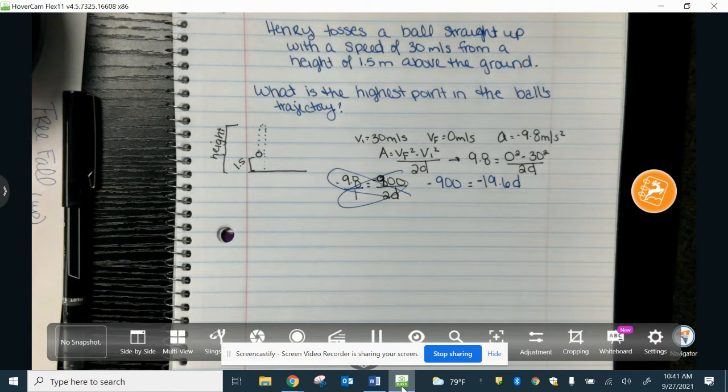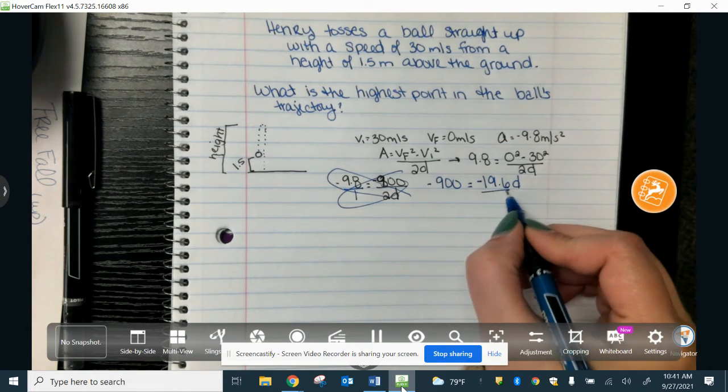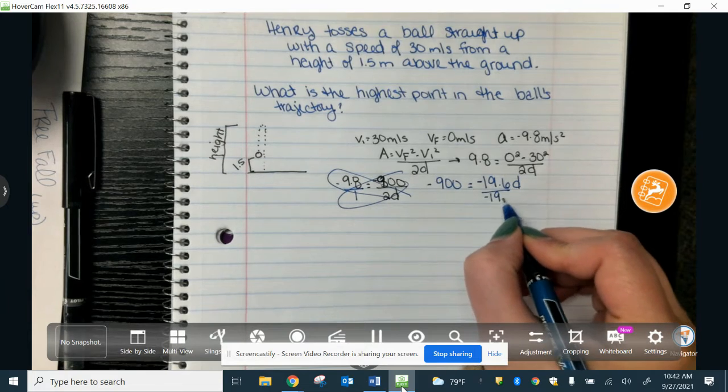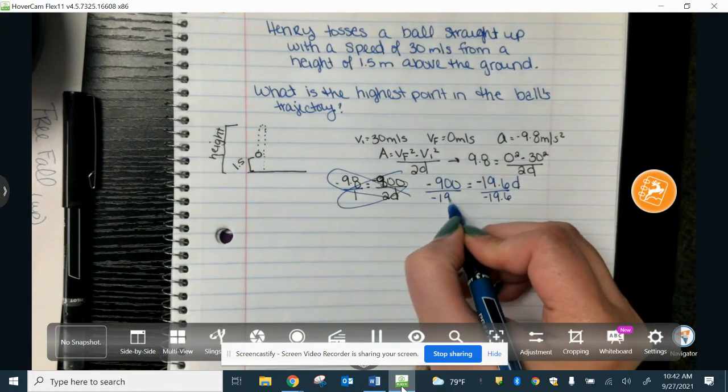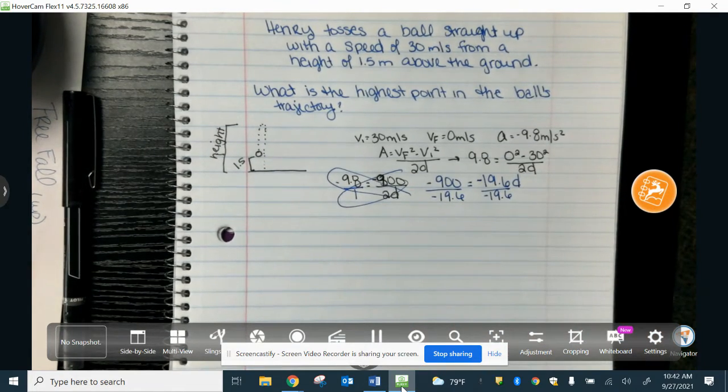So I'm going to divide both sides by negative 19.6. And someone check my math. I believe negative 900 divided by 19.6 should give me 45.9. Sweet.